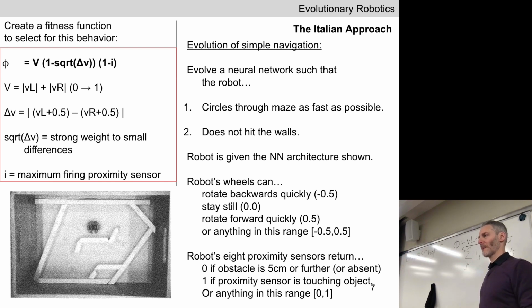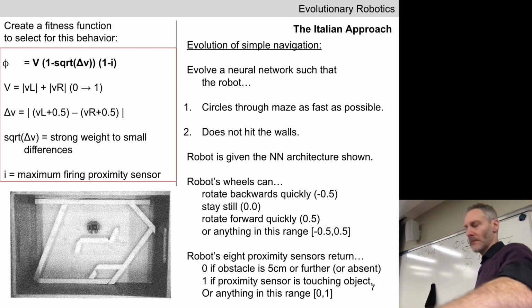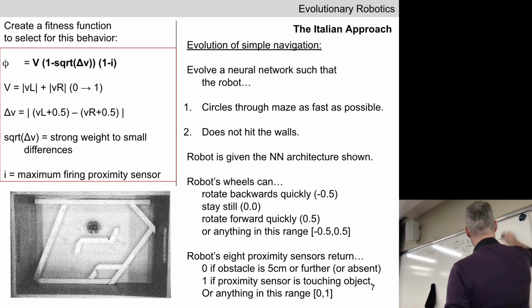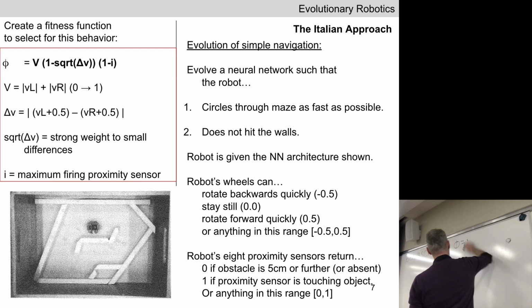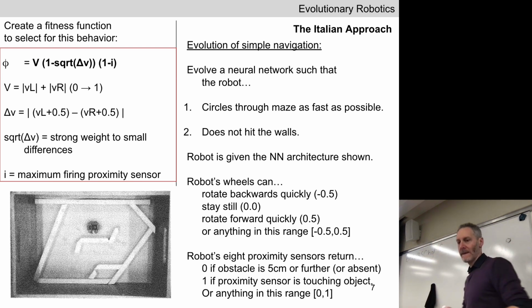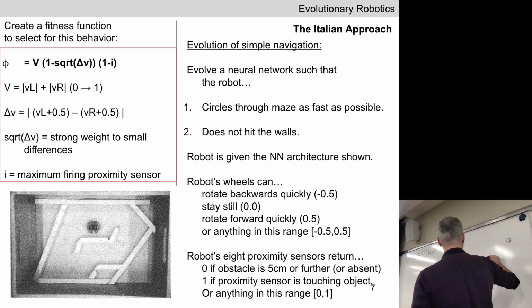When you're trying to find the diagonal distance, you need to find the square root of the two variables. If you're moving on a two-dimensional plane, then you need to be computing it in relation to the Pythagorean distance? Not quite. So let's have a look at the square root of delta V.